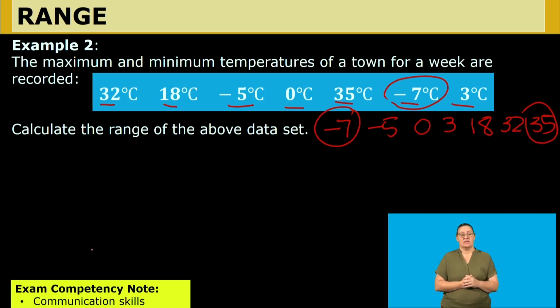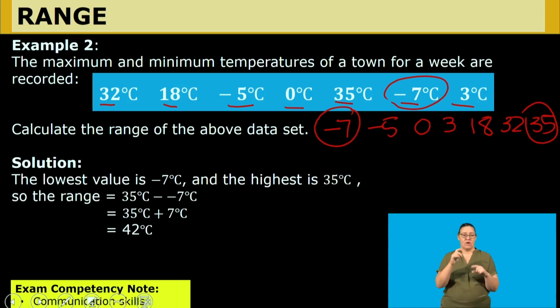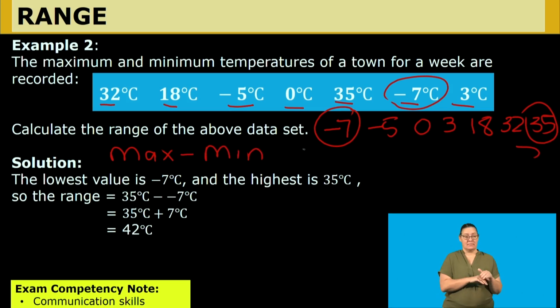So let us see how we would calculate the range for this data. Remember the formula: it is maximum minus minimum. So our maximum is what? It is 35. You'll say 35 minus, because the formula says subtract. And then the minimum is what? It is minus 7.